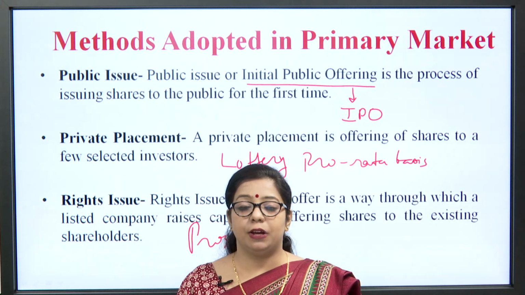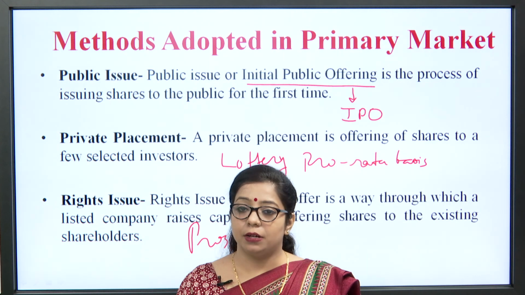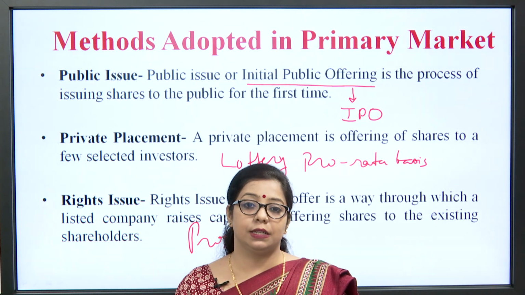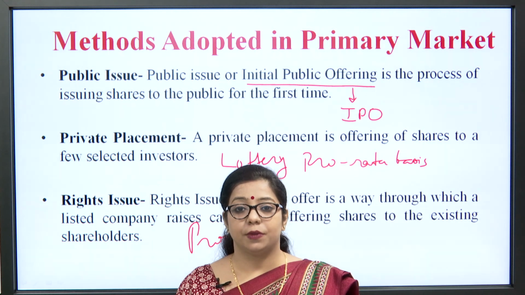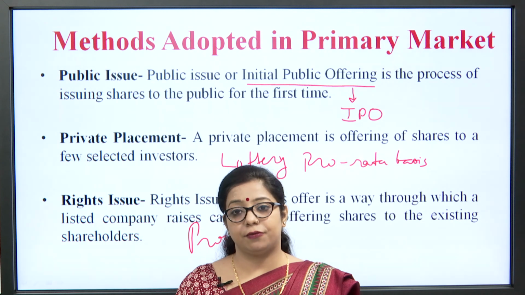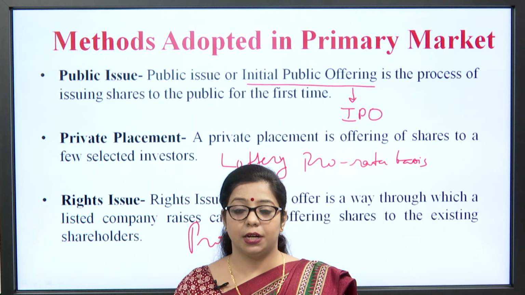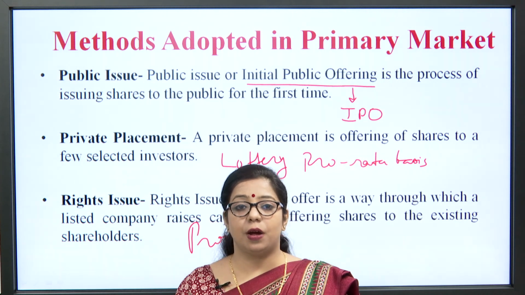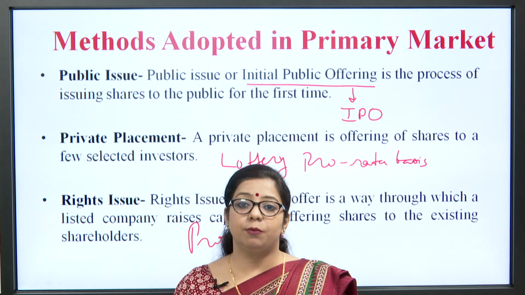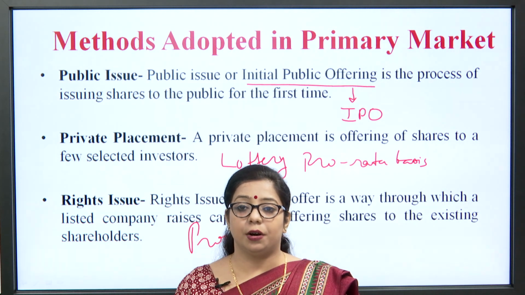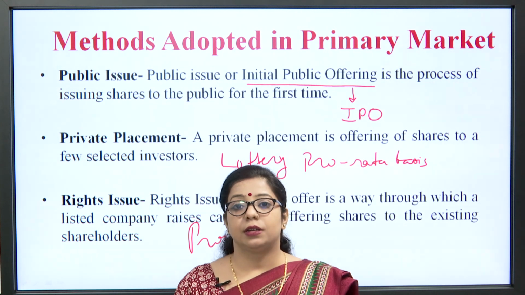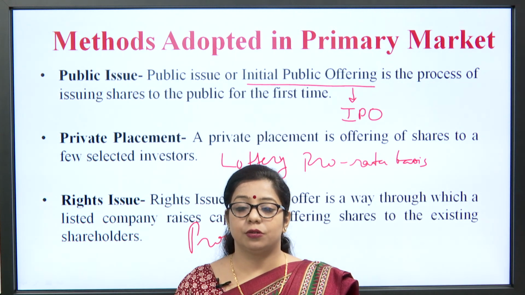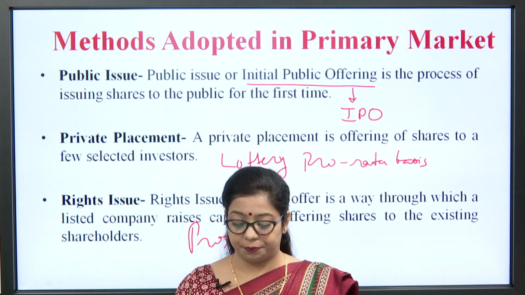If they are ready to be a part of the rights issue, because it is their right as shareholders, they can go for it. Otherwise, if they do not want to be allotted, they can let it go, and accordingly those shares will be allotted to the general public to purchase.